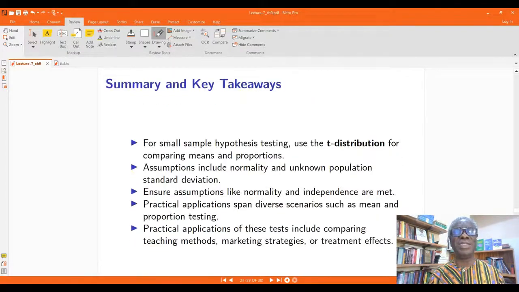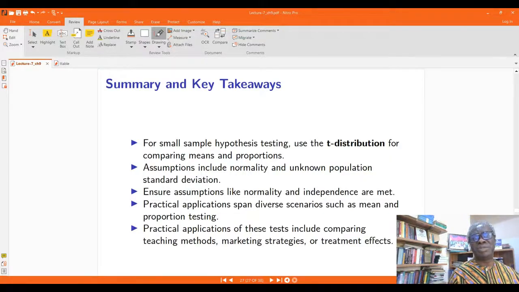So this is the package for today, and we can summarize the discussion so far to say that contrary to what we have in the large sample, for small sample hypothesis testing, we use the T distribution.